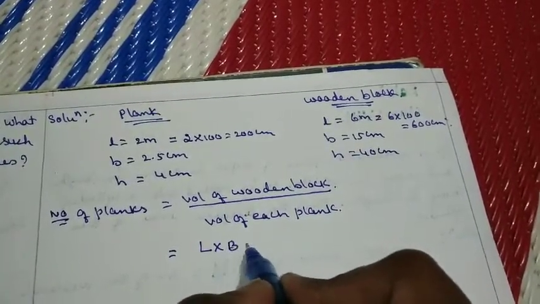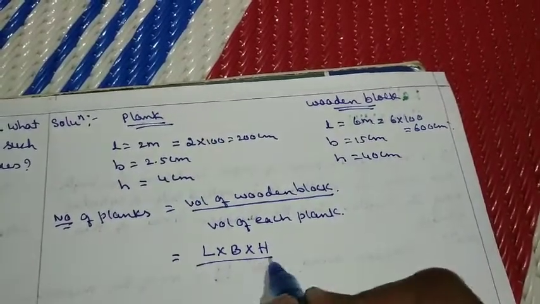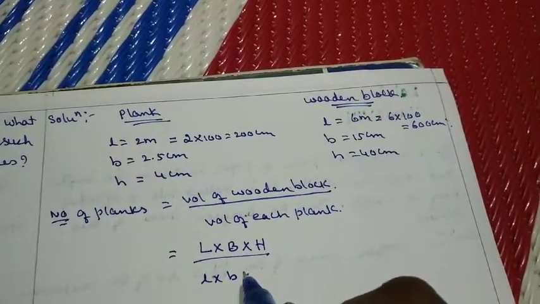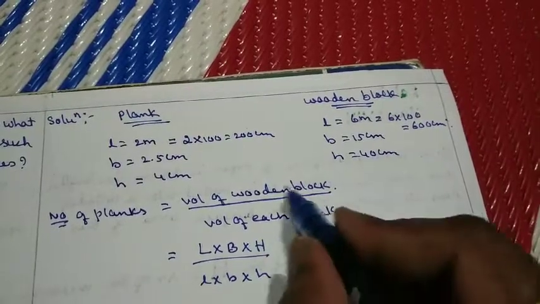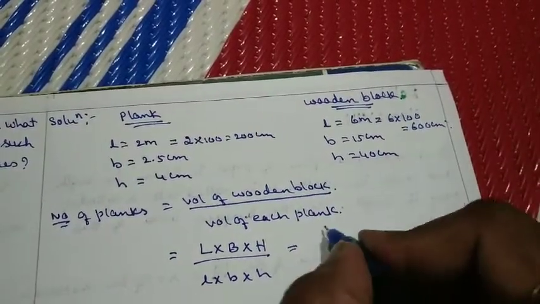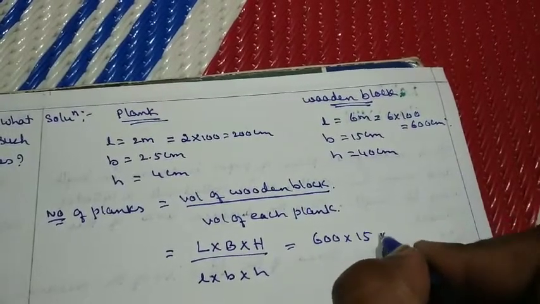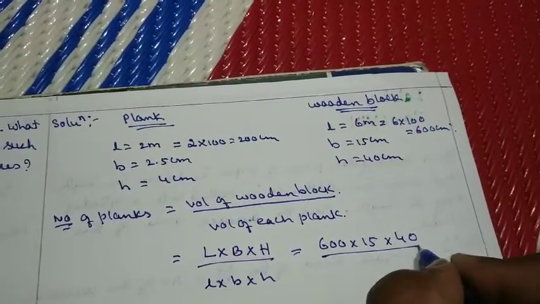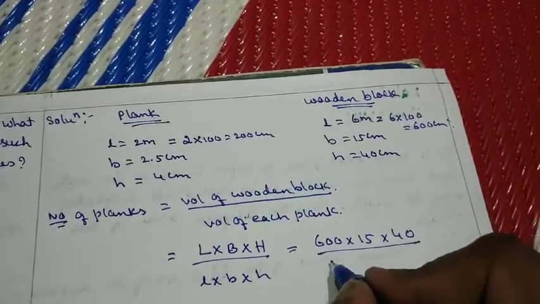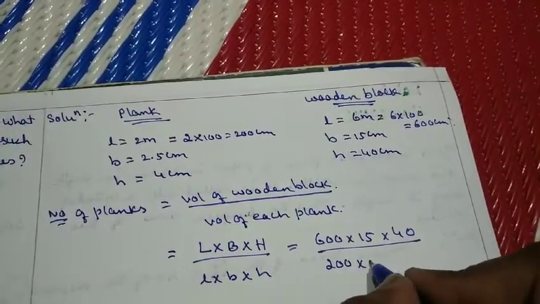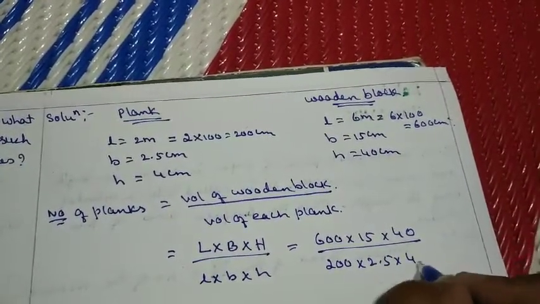So length × breadth × height divided by L × B × H. In the numerator we write the dimensions of the wooden block, that is 600 × 15 × 40, divided by the volume of the plank, 200 cm × 2.5 × 4 cm.